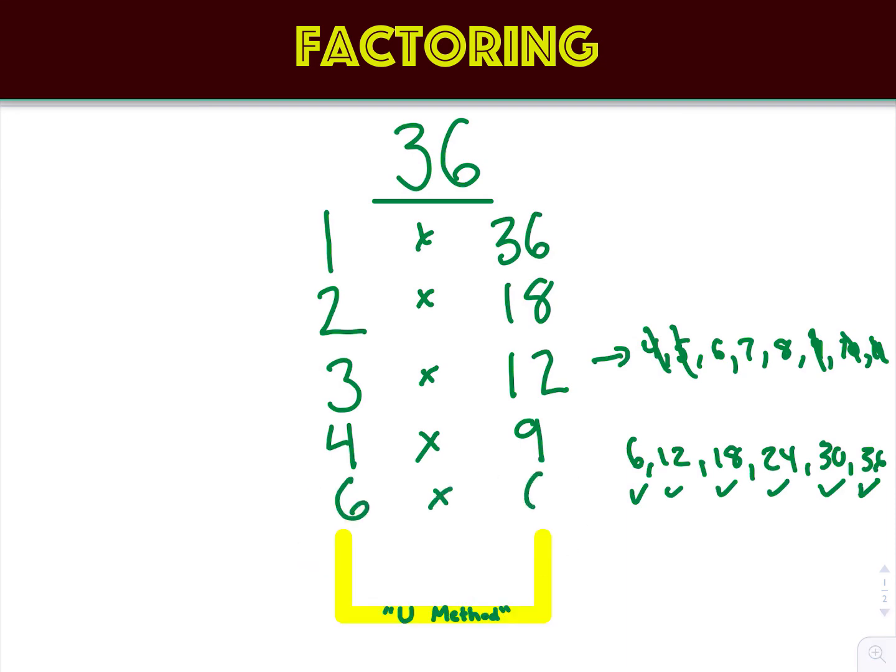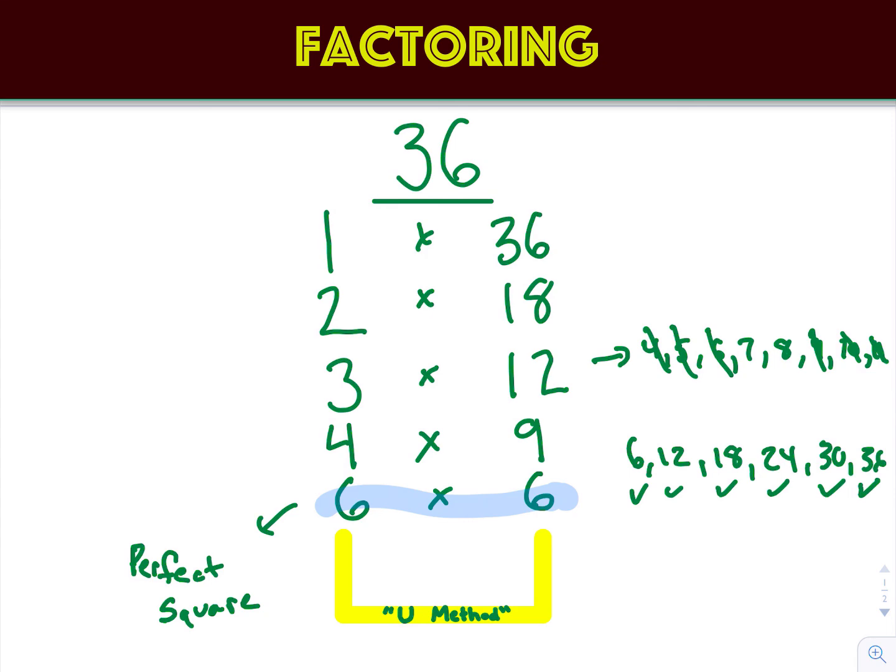This is actually the first time we've had a number multiplied by itself as one of our factor pairs during this session. What we call it when we have one number multiplied by itself like this is a perfect square. And it just means that one number is multiplied by itself. Okay, I can check 6 off the list.